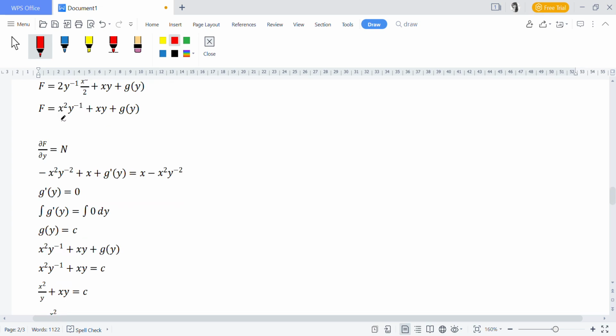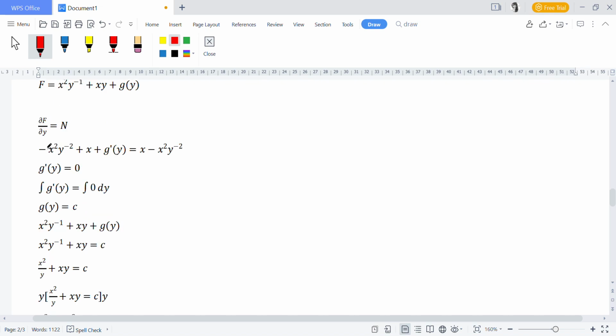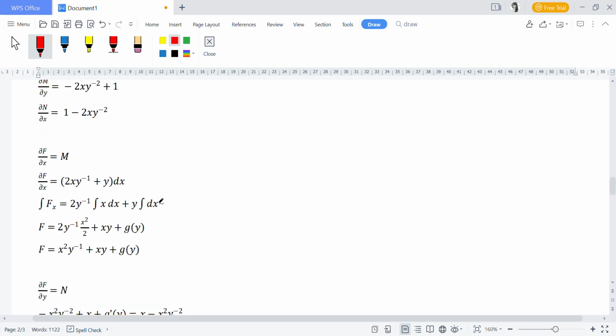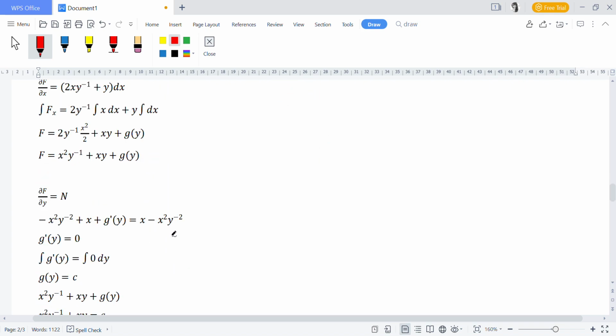Now, using this, we're going to derive this with respect to y and equate it with our N. So deriving this in terms of y, we now have negative x squared y raised to negative 2 plus x plus g prime of y is equal to our N, which is x minus x squared y raised to negative 2.